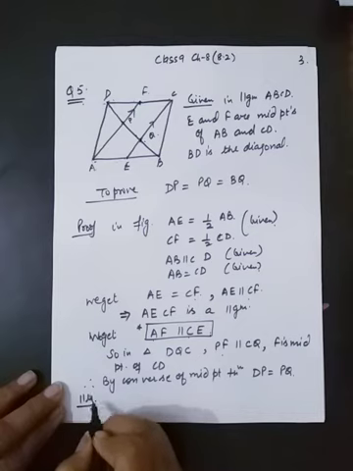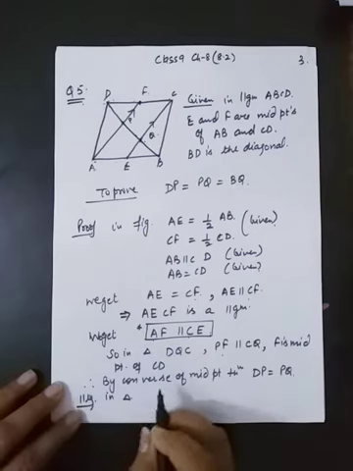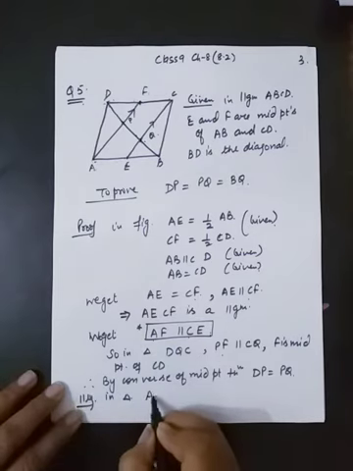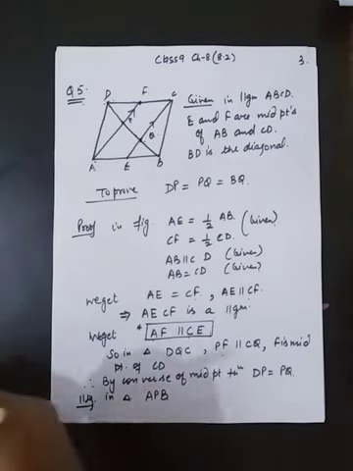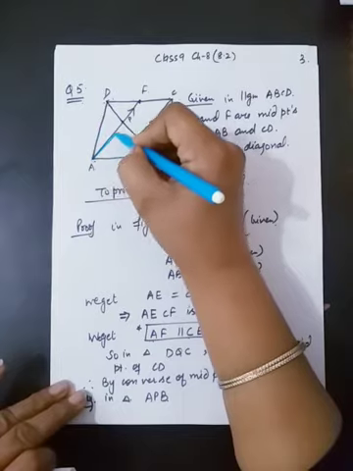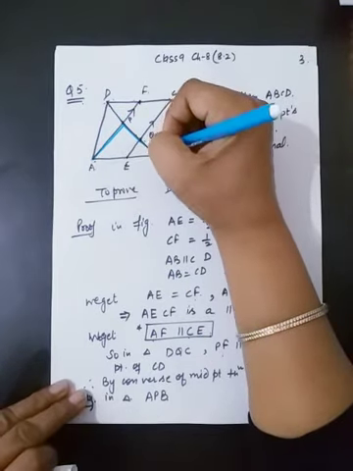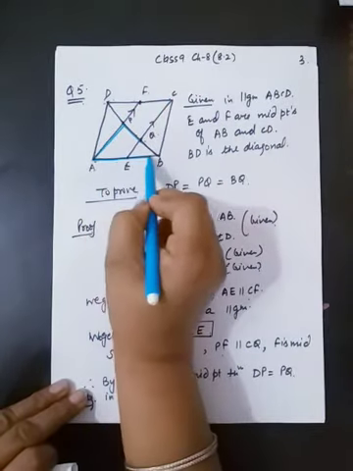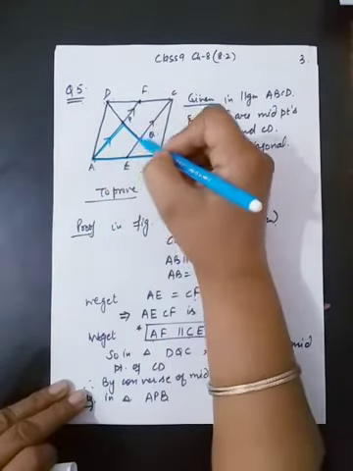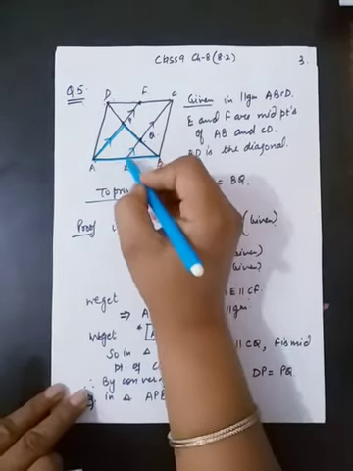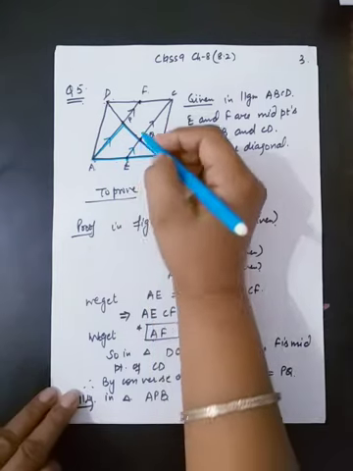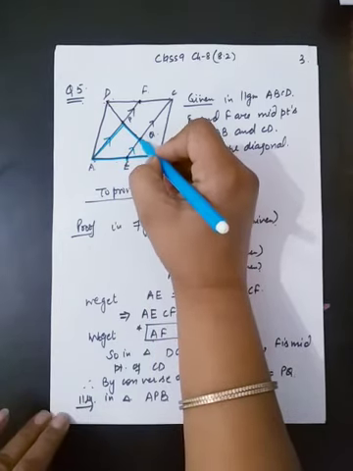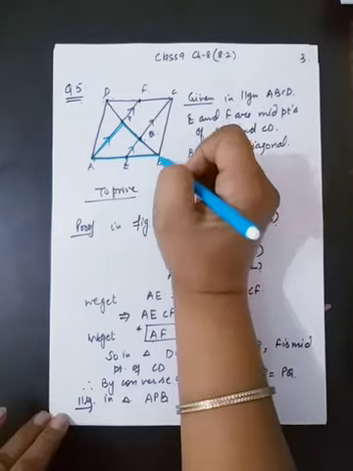Similarly, in triangle APB, this one triangle, and for this triangle also we have already proved that this side is parallel to this and E is the midpoint. So again by the converse of the midpoint theorem, we will get that Q is also the midpoint of BP.